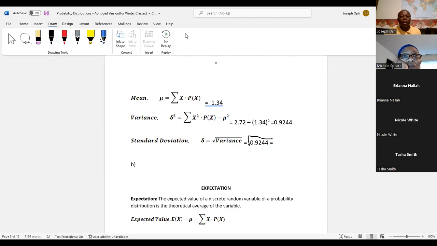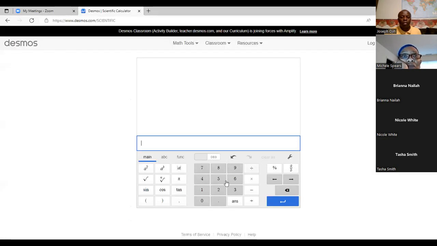Now, I will take you to the calculator where you can get the square root and type it in. From our calculator, the square root of 0.9244 is 0.9615. So I'll take you back so you can type it in.